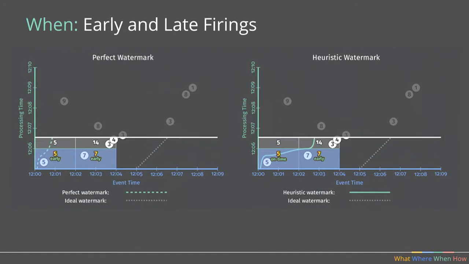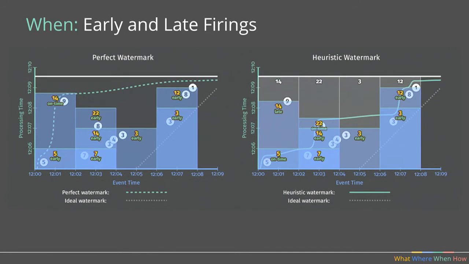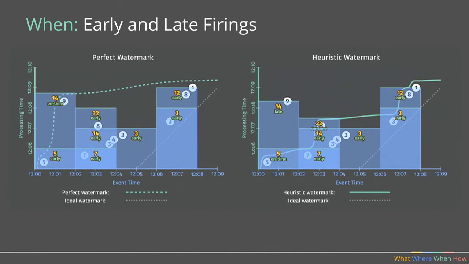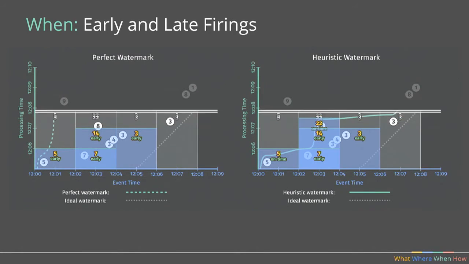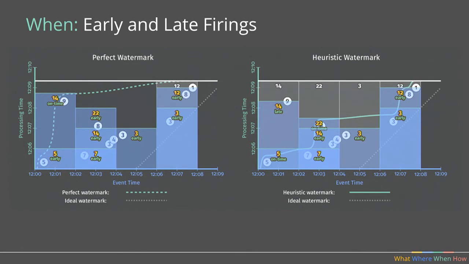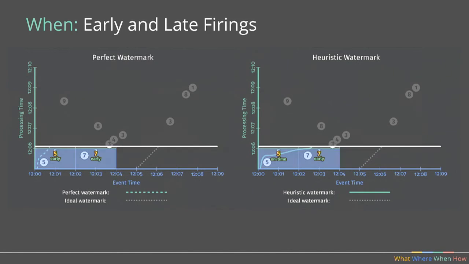This is how the picture changes between perfect and heuristic watermark. Here, the watermark still goes like this, but we got our early results on a minute range, right? A minute is in processing time, so that's why they're stacked. This window was emitting results early, and then when the watermark finished, that was the final result.